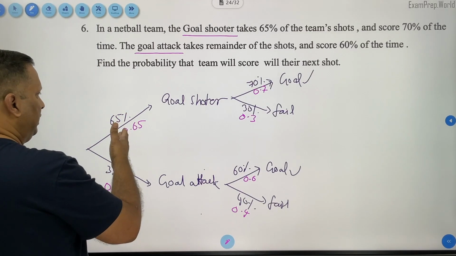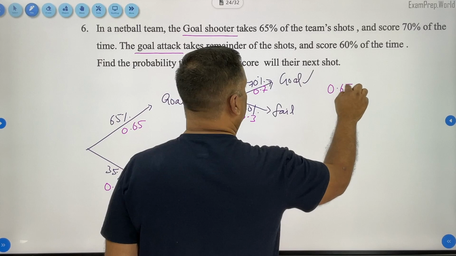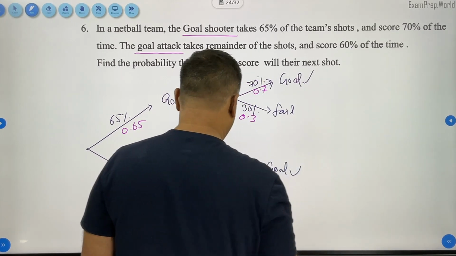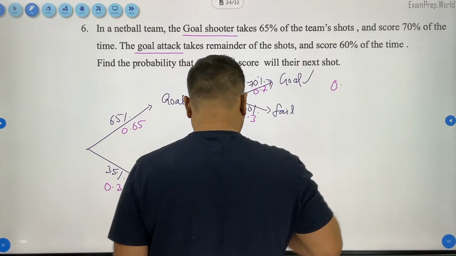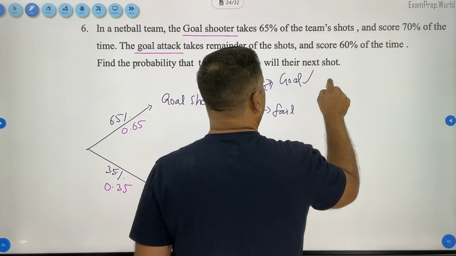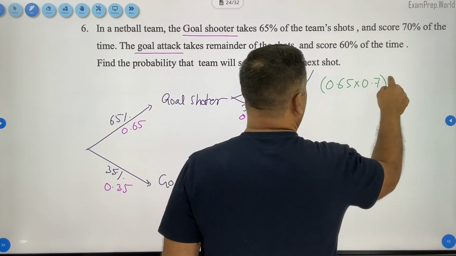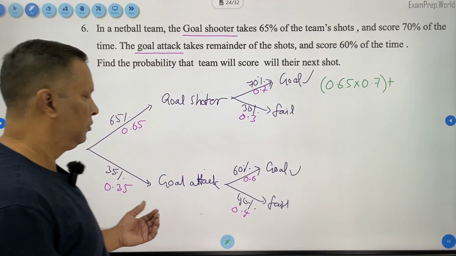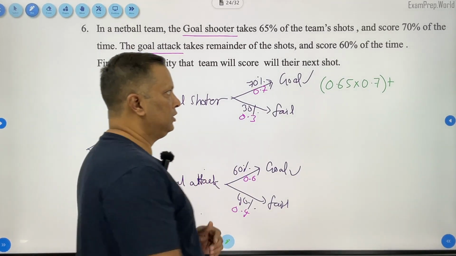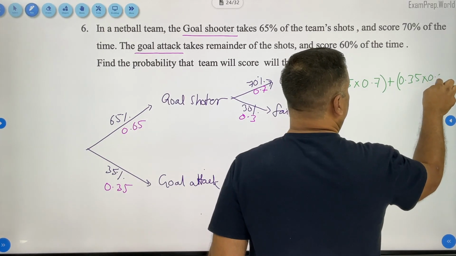So when they are succeeding, it is 0.65 times 0.7, plus 0.35 times 0.6.